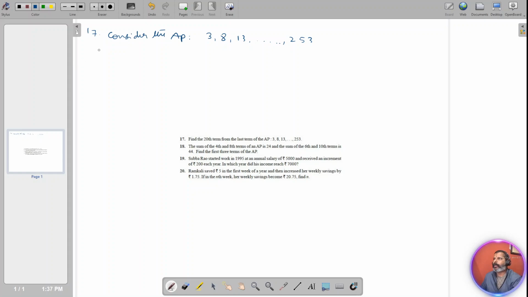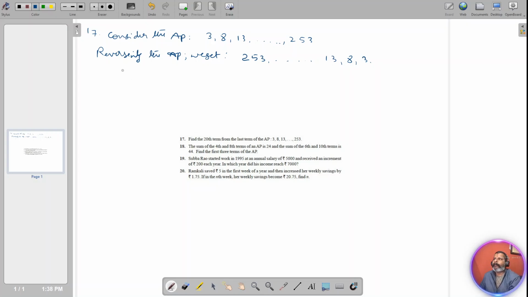So reverse the AP now. Reversing the AP, we get 253, ..., 13, 8, 3.